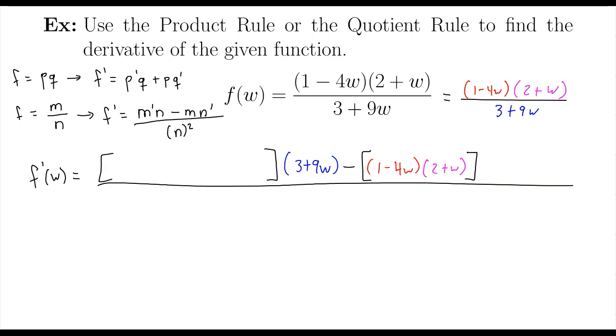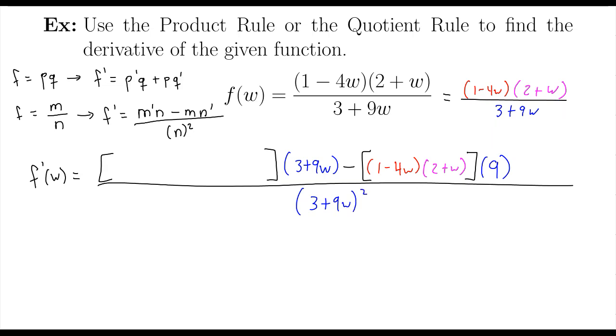Times the derivative of the denominator. The denominator is 3 plus 9w, and the derivative of that would be 9. While we're at it, let's put the denominator squared on the bottom.